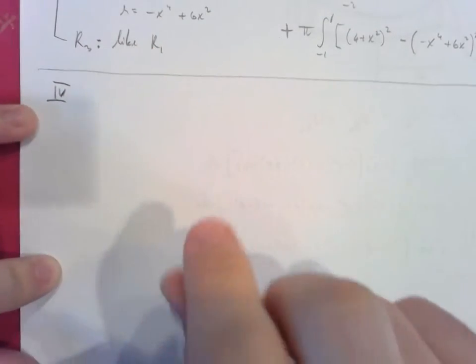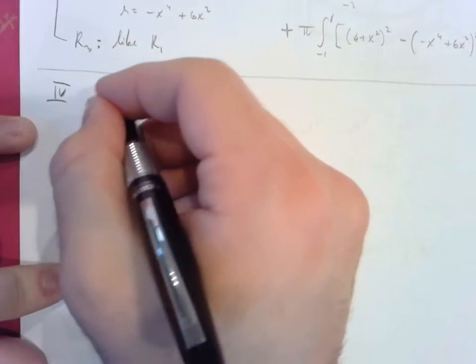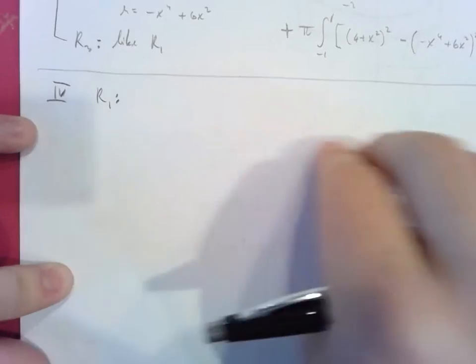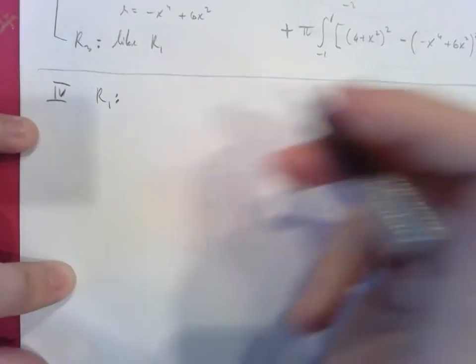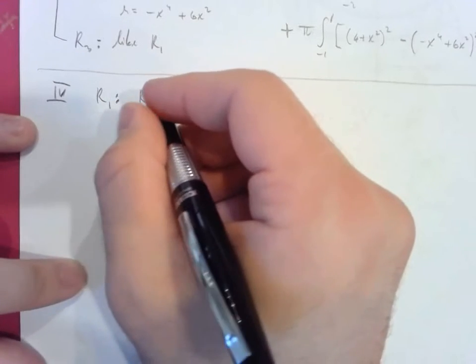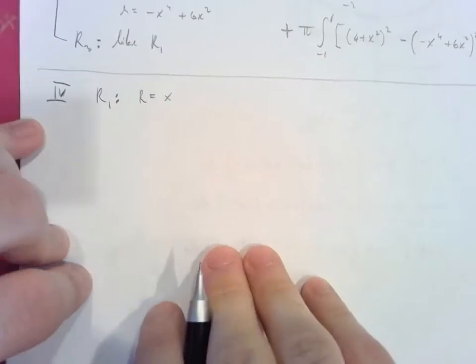And the difference between part 3 and part 4 is when I compute the radii. So for region 1, before I did constant minus function because y equals 4 was on top of everything. This time I do function minus the constant. So I have the big radius is going to be, well, let's see.